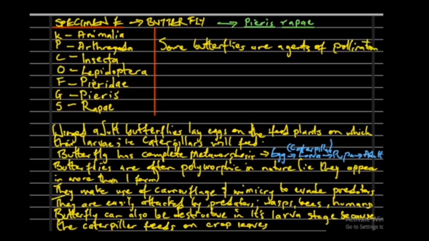They contain about 7 families with over 20,000 species. So it's a very, very wide range of organisms.